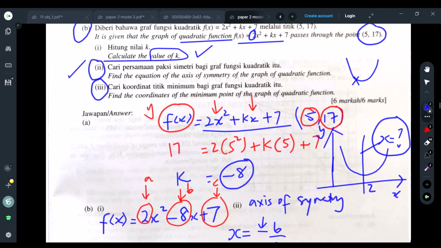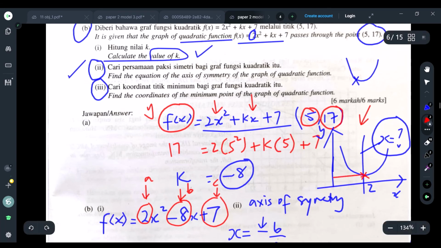Number 3, find the coordinate of the minimum point of the graph of the quadratic function. If this is your graph, the minimum point will be the lowest point here, and it is on the axis of symmetry.